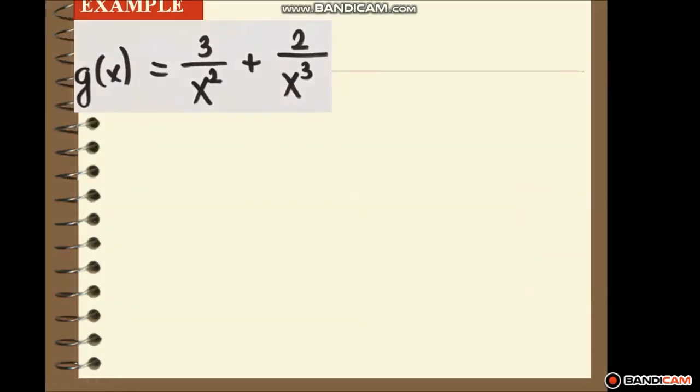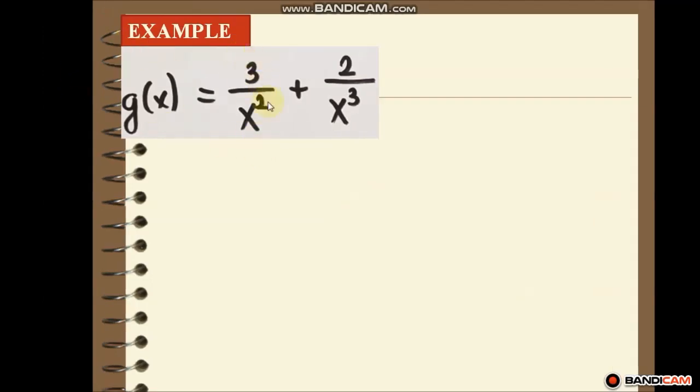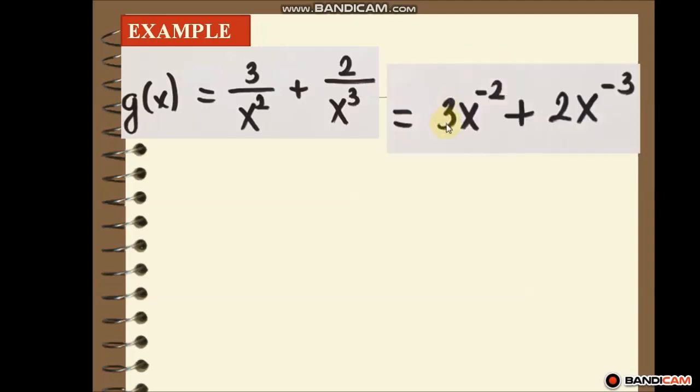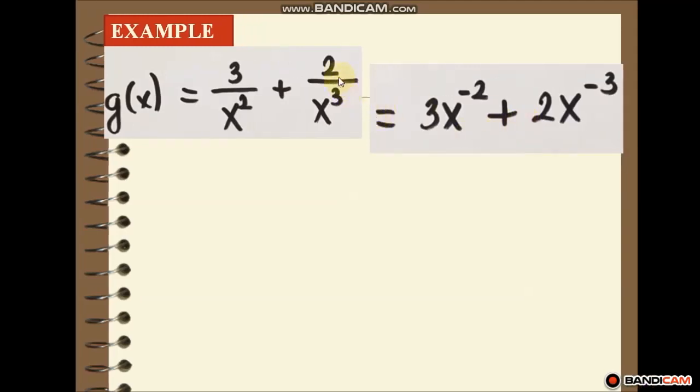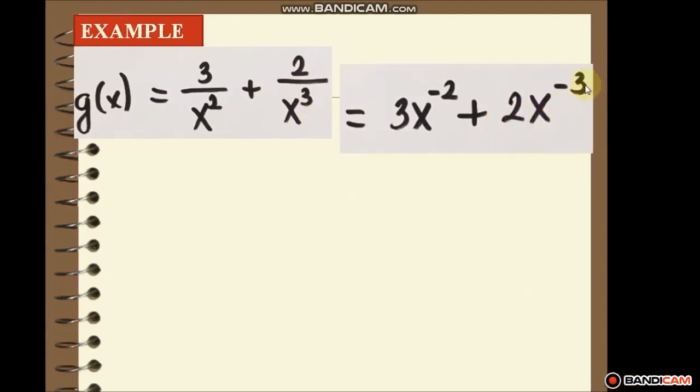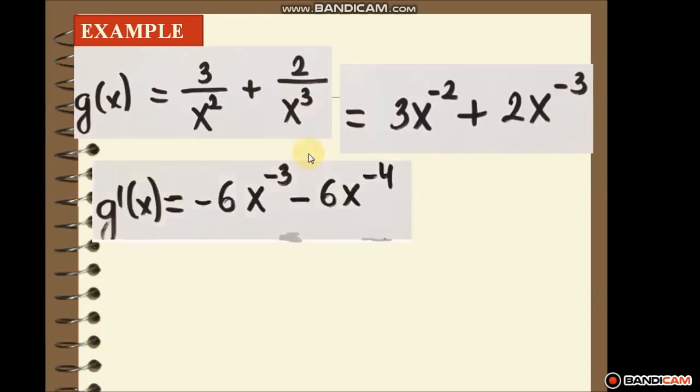Next example, g(x) equals 3 over x squared plus 2 over x to the power of 3. Also, at first we will simplify this given function. 1 over x squared means x to the power of minus 2, so we have 3x to the power of minus 2. And we have 2 over x to the power of 3, which means 2 multiplied by x to the power of minus 3. Then get the first derivative.